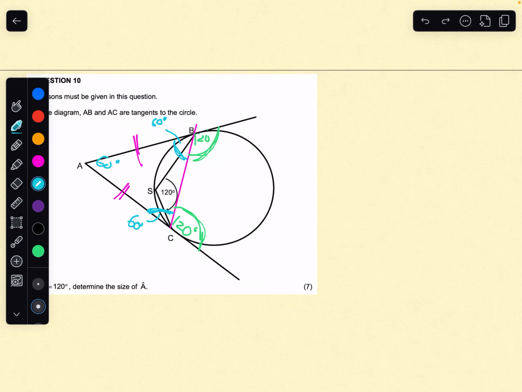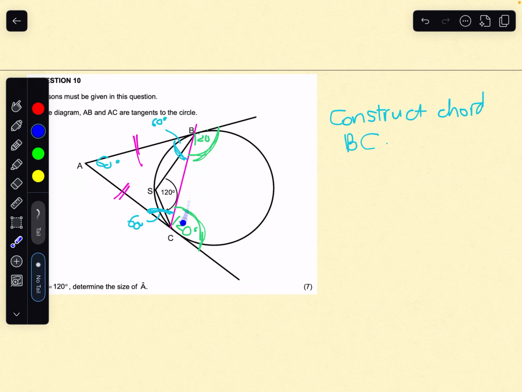So we start by constructing chord BC. Right, so that's that pink line that I drew over here. And then from there, we will say that, oh, how shall we say this? How do I name this angle?